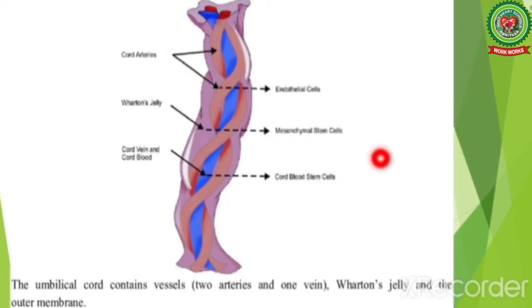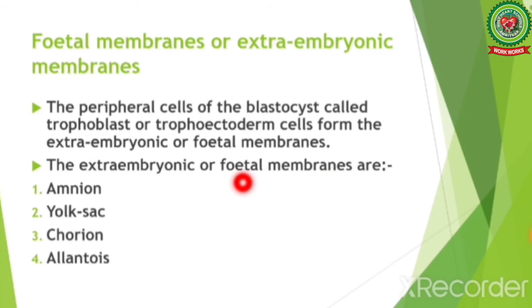The vein carries food and oxygen from the placenta to the fetus and the 2 arteries carry waste from the fetus back to the placenta. Next is fetal membranes or extraembryonic membranes.